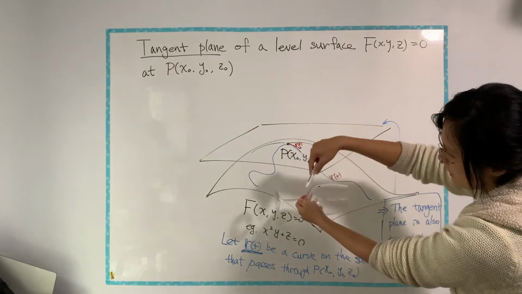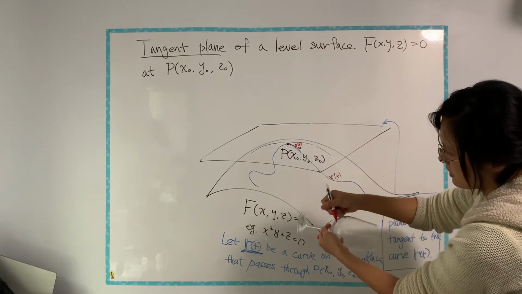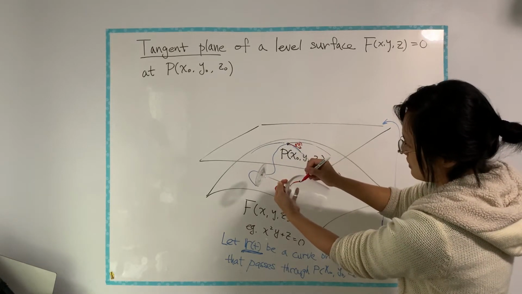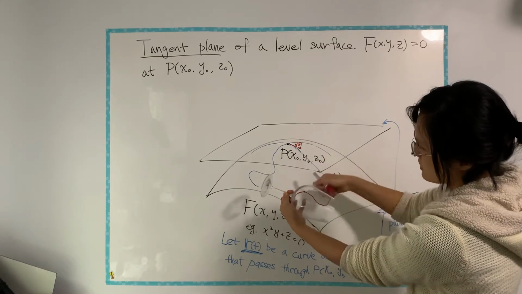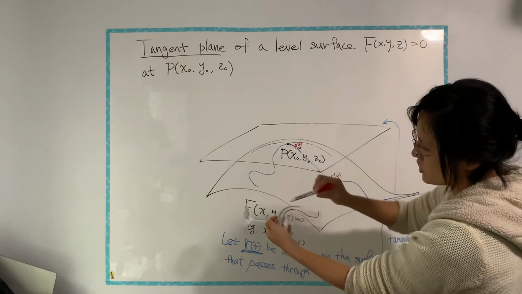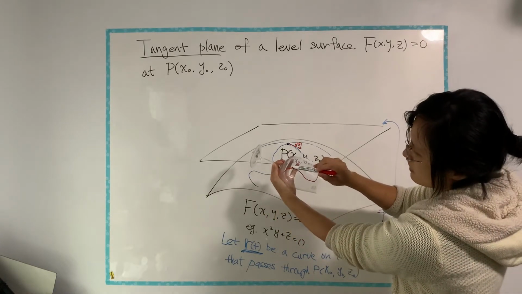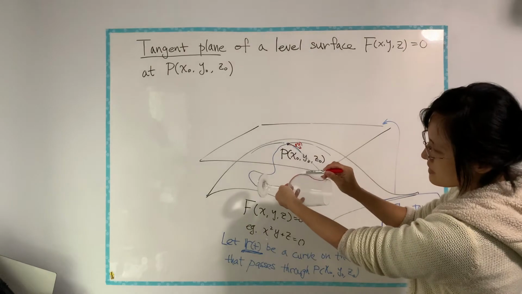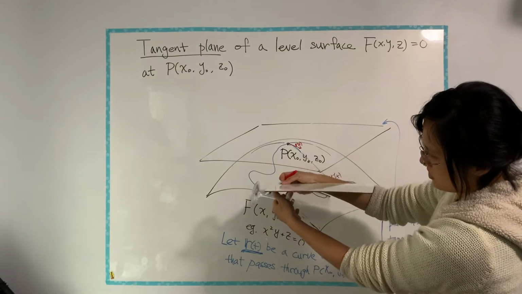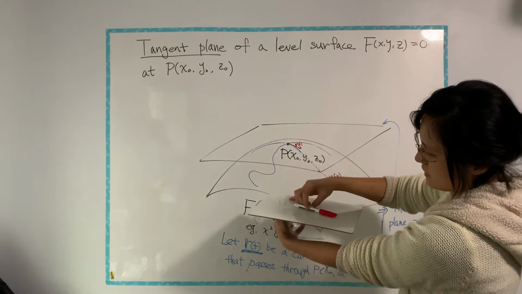If I have a curve sitting on the surface like this, then when I differentiate this curve, I will get a tangent vector and it will look like this. This line segment will be parallel to, or not necessarily parallel, will be sitting on the plane like this, in the same direction.